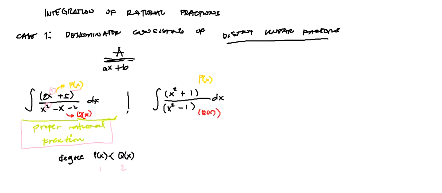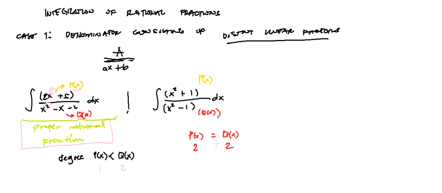As you can see here, the degree of p of x is 2, and the degree of q of x is also 2. They are both second degree, so the degree of the numerator and denominator is equal, wherein we need to make it a proper rational fraction in order for us to use the integration of rational fractions.